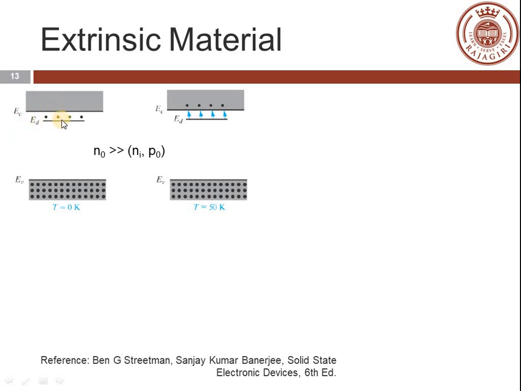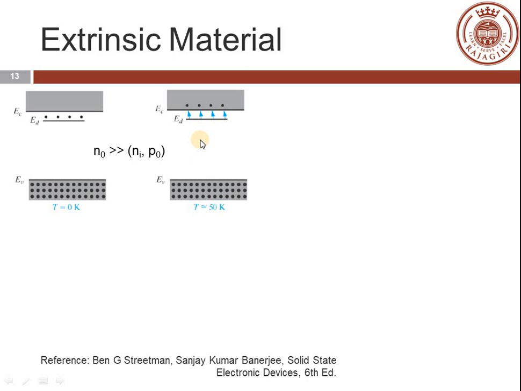So we need to just move electrons from this E_D to the conduction band. You need only that much energy. That is shown at the right hand side. When you give some extra temperature, that is T equal to 50 Kelvin, electrons at the E_D level get enough energy to move to the conduction band, and they will contribute to conduction.